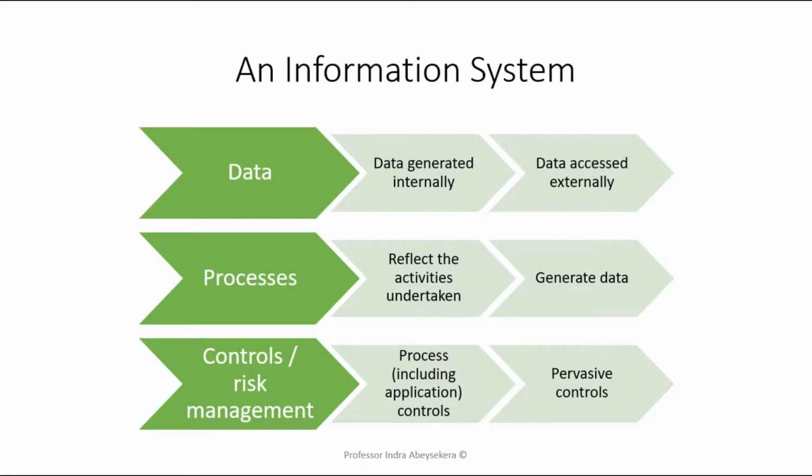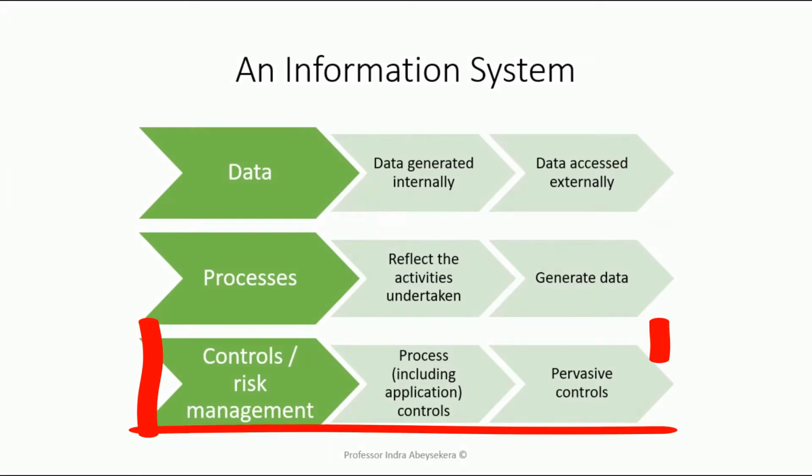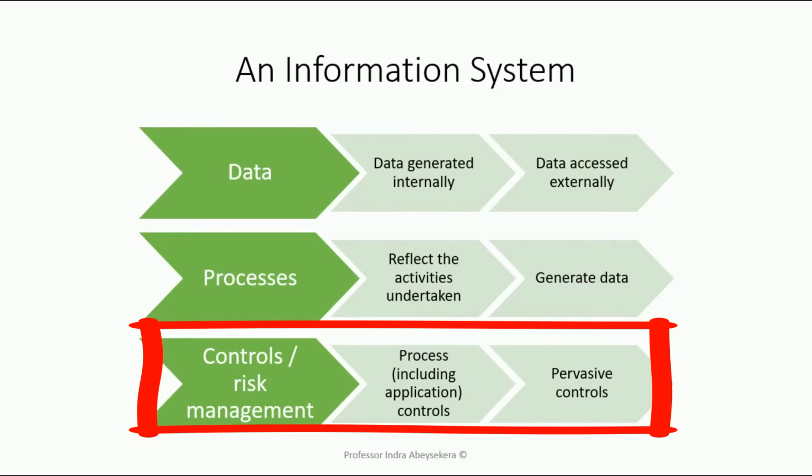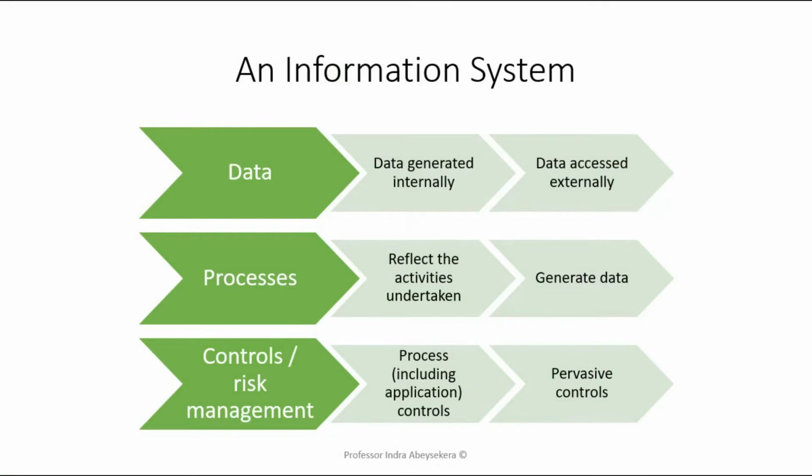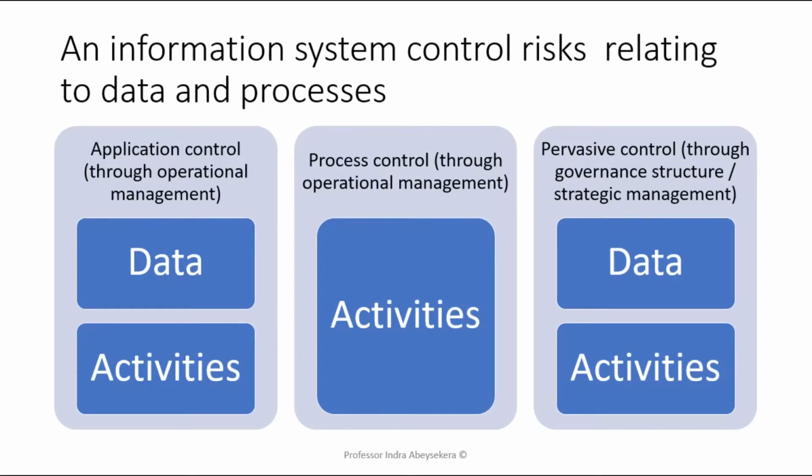In addition to those process controls which are applied at operational levels, at a strategic and governance level there are also controls that are developed, which are called purposive controls. So there is information system control risk relating to data and processes. There are application controls, which are a subset of process controls.